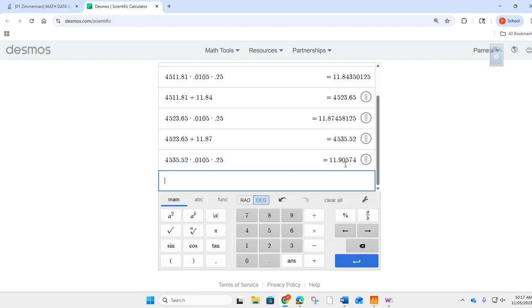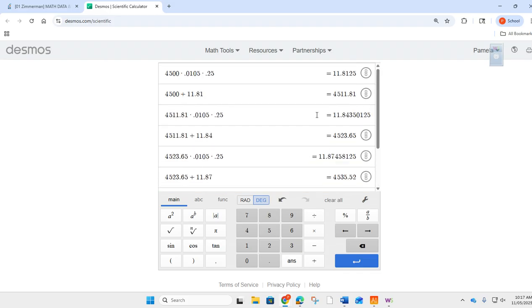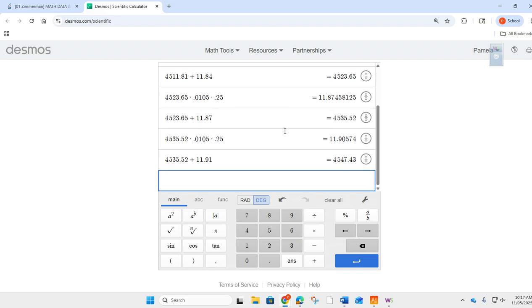So we're going to take that 4535.52, and we're going to add 1191. And so the final value of that investment after 1 year compounded quarterly at that rate is 4547.43. You see how much information this calculator will hold, how much easier it can make things for you.